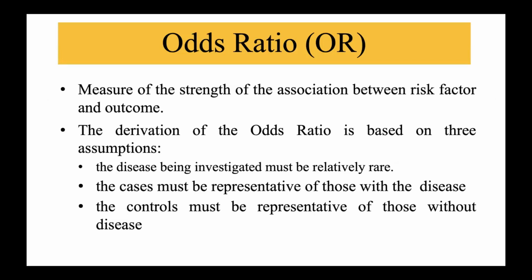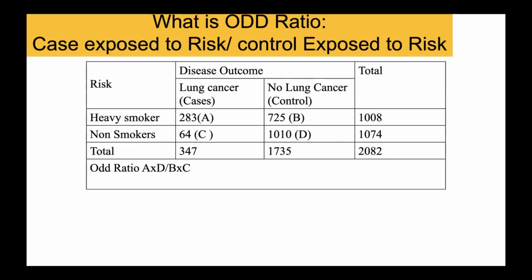So the odds ratio, how to calculate it? This is the odds ratio. This is the example. Can you calculate the odds ratio from this one? There are two groups, lung cancer cases and no lung cancer cases.